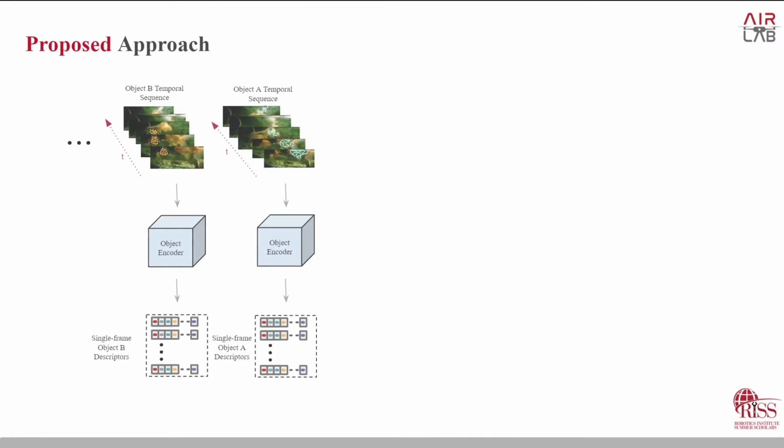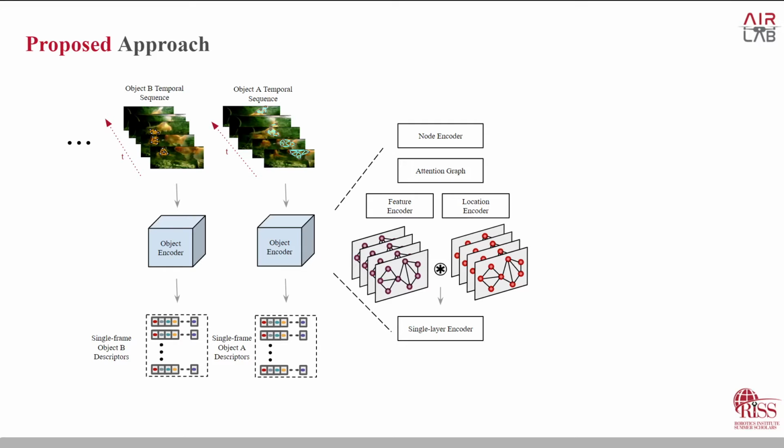With this in mind, we design an object encoder containing a node encoder which encodes superpoint keypoints, which are later on passed to a two-layered graph attention network, which is essentially an attention-based GNN. Furthermore, we have a content encoder and location encoder which predict element-wise content and location features respectively. These features are element-wise multiplied and input to a single layer encoder to get object descriptors.